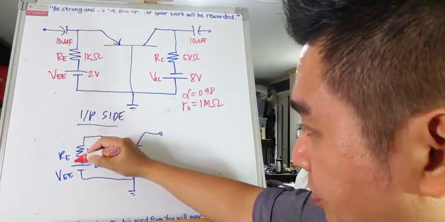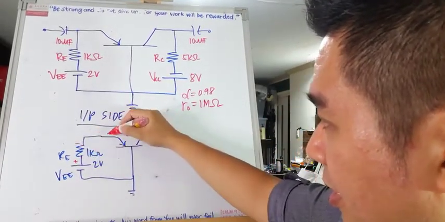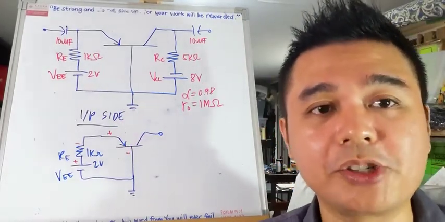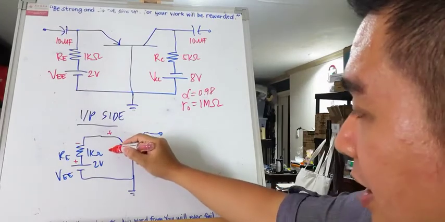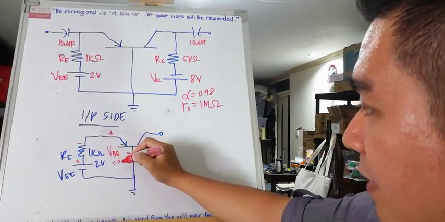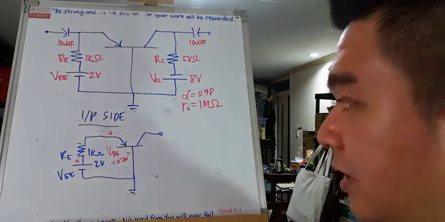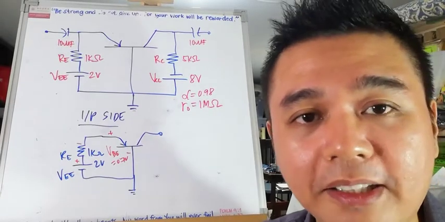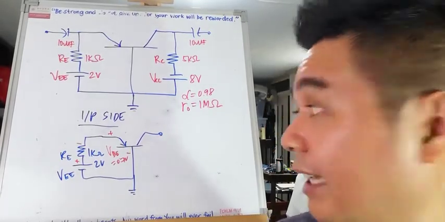So we have plus, minus, plus, minus. Since naka-forward bias yung base emitter junction natin, magkakaroon tayo dito ng VBE, which is equal to 0.7 volt.